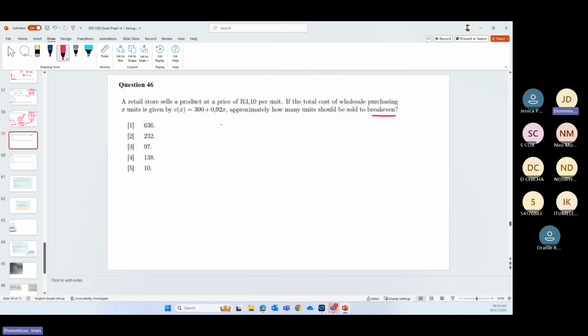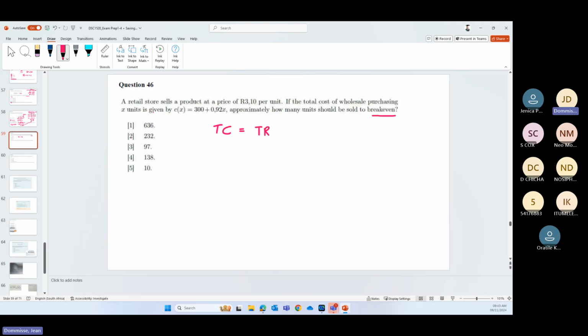Okay, so we will normally look at break even as where total cost is equal to total revenue. That is where we normally would say it's break even. So you're not making profit, you're not making a loss.